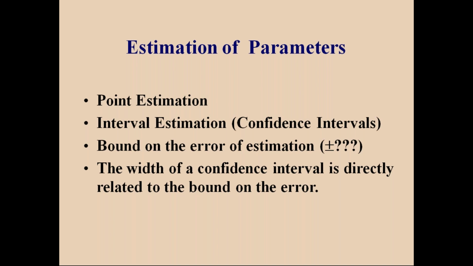Bound on the error of estimation, plus or minus. The width of a confidence interval is directly related to the bound on the error. These are the important points in estimation of parameters: point estimation, interval estimation, and bound on the error of estimation.